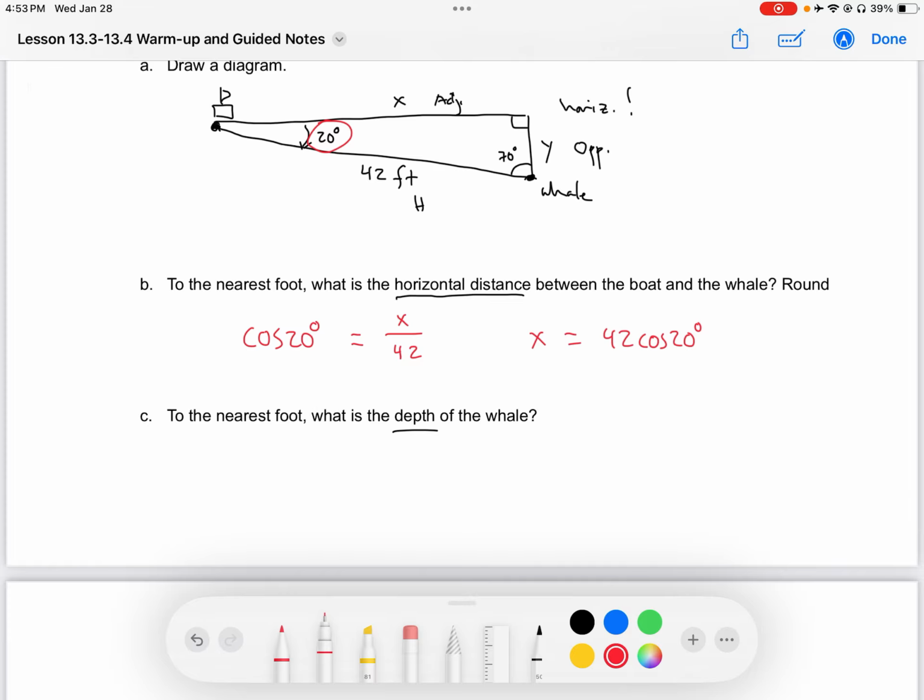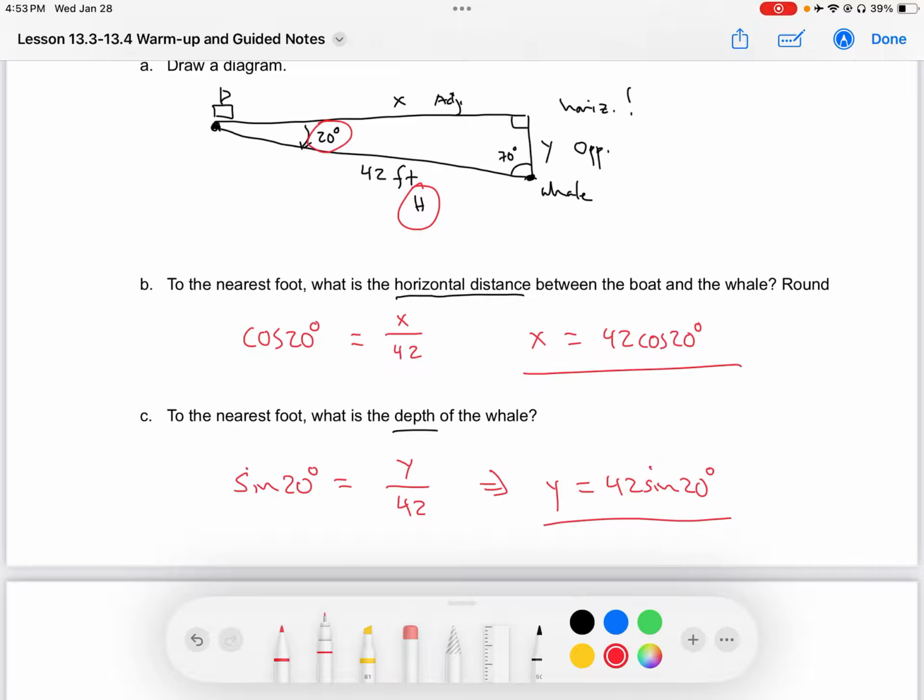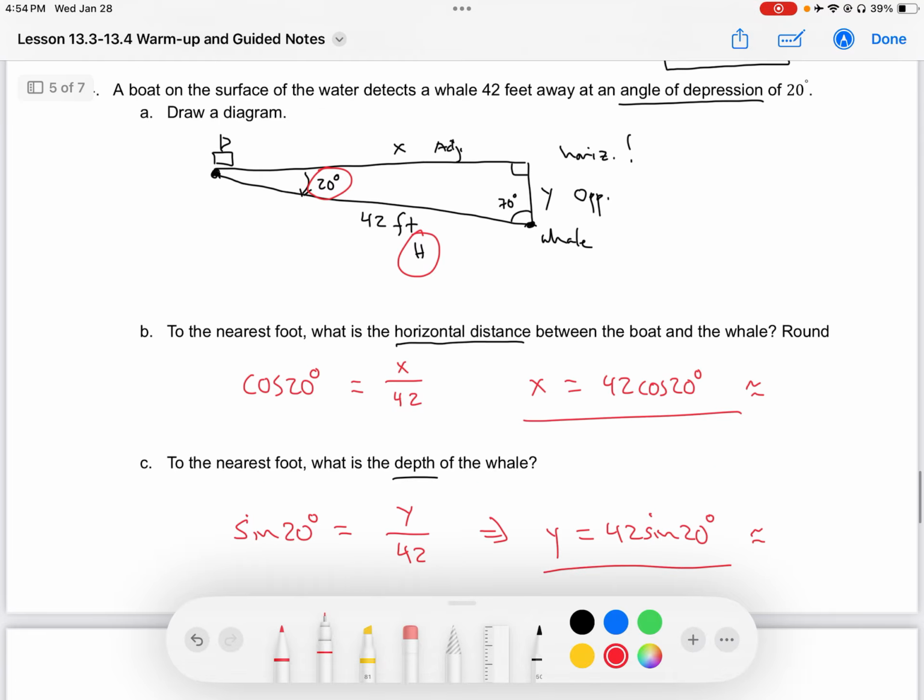Now, to find the depth, that's now the opposite side, and I have the hypotenuse. So opposite and hypotenuse is sine. Sine of 20 degrees is equal to y divided by 42. So that means that y is going to be 42 times the sine of 20 degrees. And you'll probably start to recognize some patterns here. If you want this horizontal adjacent side, you're going to be using cosine, whereas if you want this vertical opposite side, in this case, you're going to be using sine.